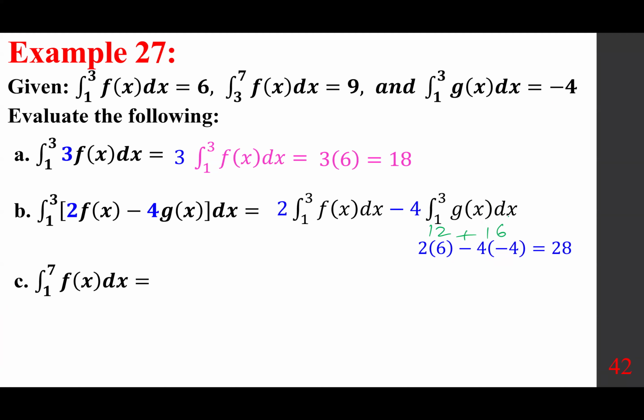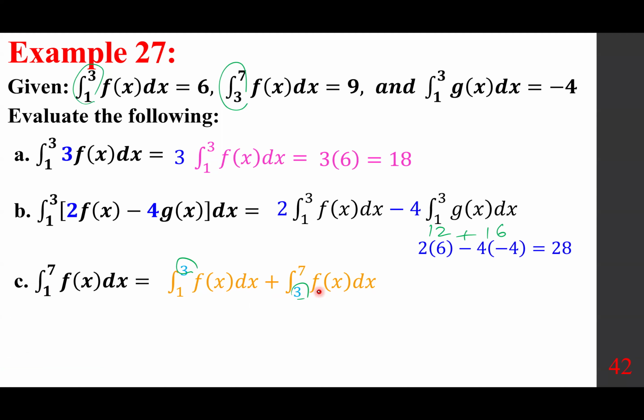What about the integral of 1 to 7 f of x dx? We notice this is 1 to 3, this is 3 to 7. And as long as these two numbers are the same, and they are, we can say the integral of 1 to 3 f of x dx and the integral of 3 to 7 f of x dx add up.